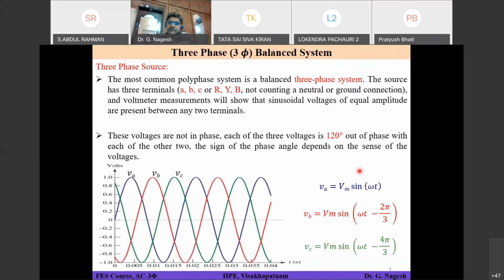So this is the general expression for phase voltages of a three phase system: the voltage measured of any particular phase with respect to neutral. Is it clear?